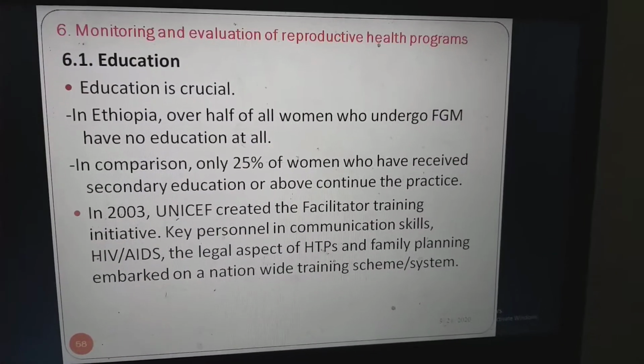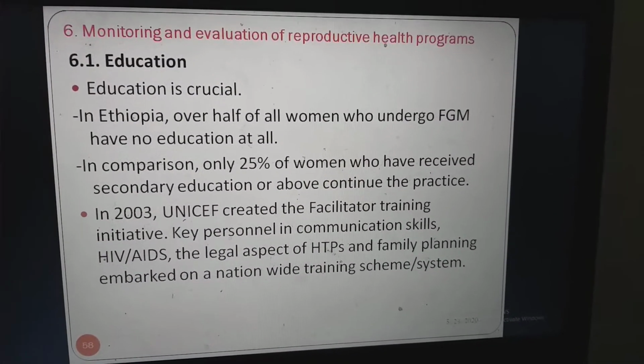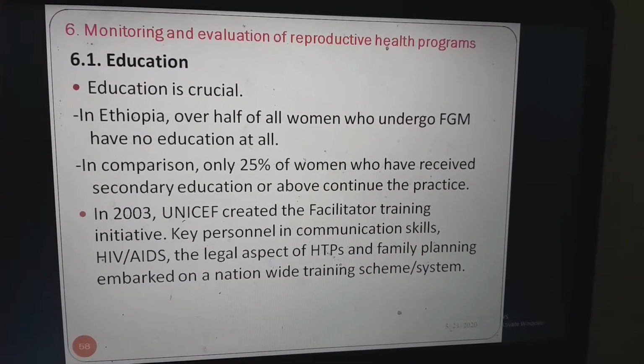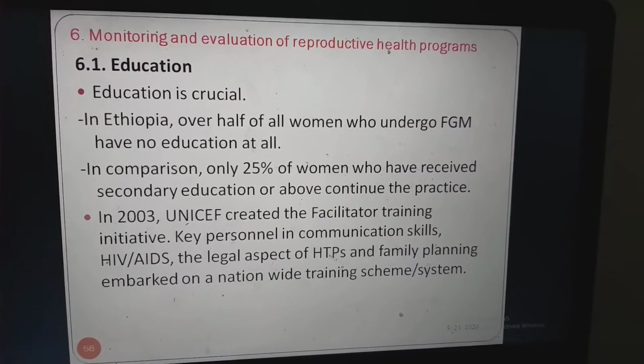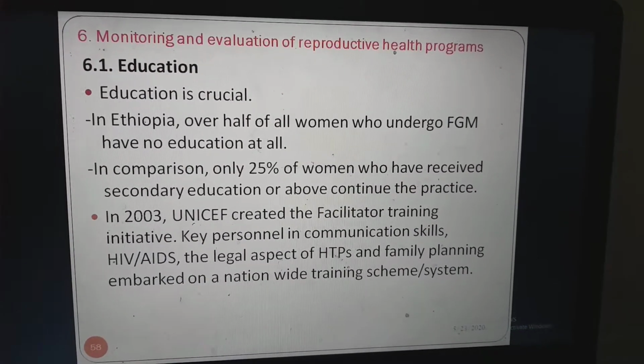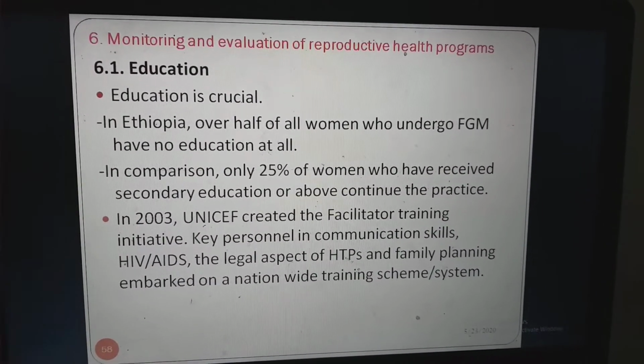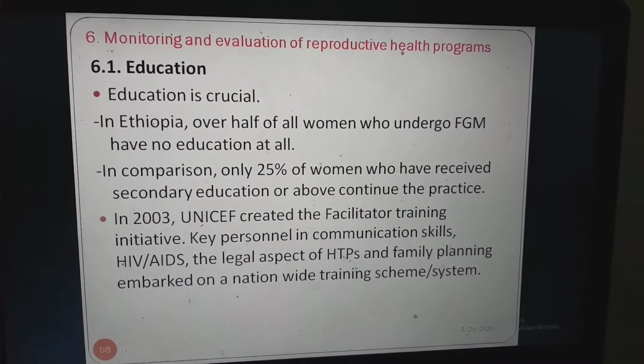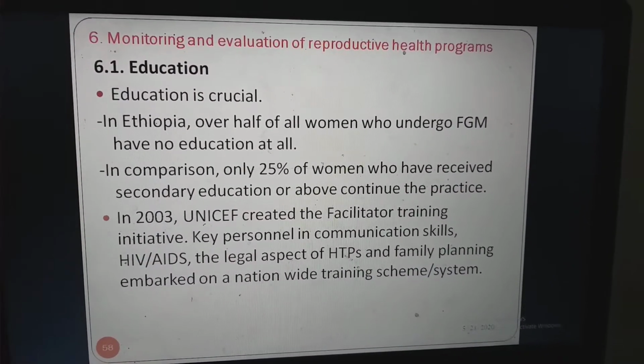Good. Monitoring and evaluation of reproductive health programs. How can we monitor and evaluate? First one is education. Education is crucial, very important. In most countries, including Ethiopia, over half of the women who undergo FGM have no education at all.